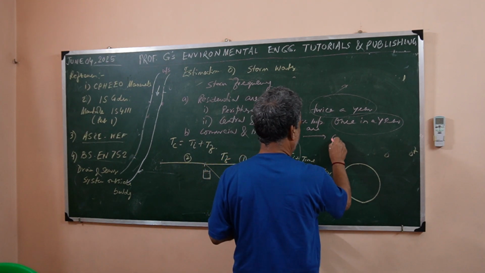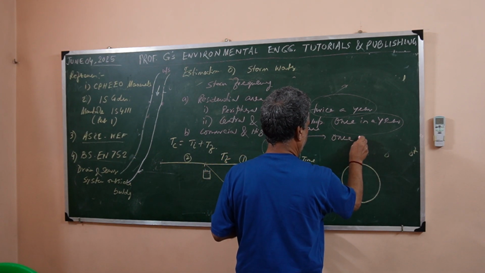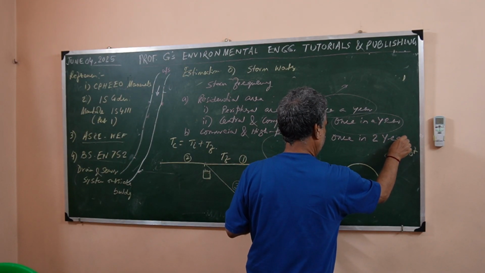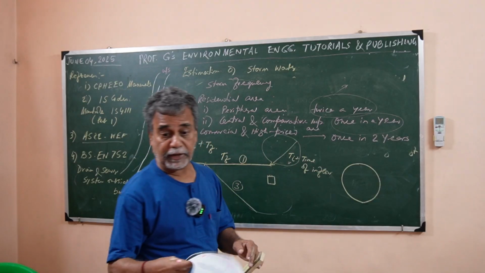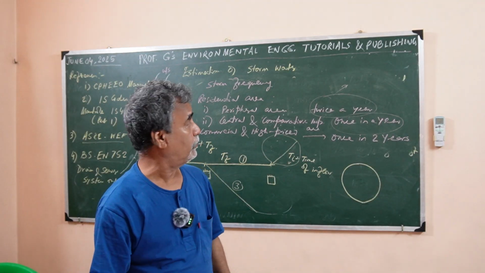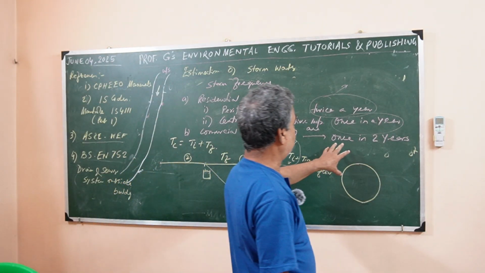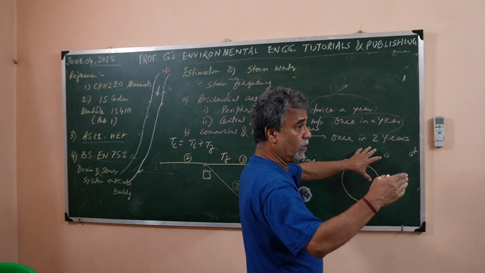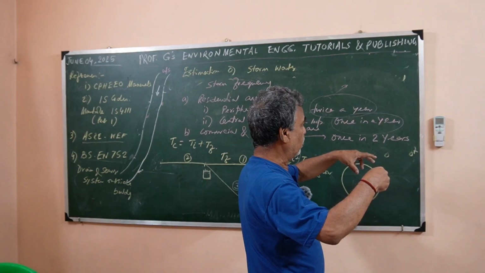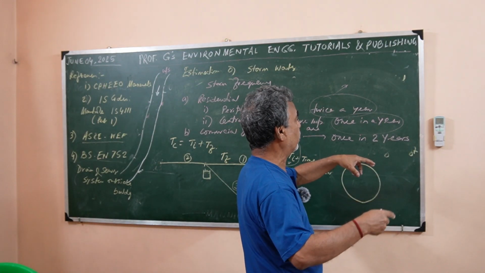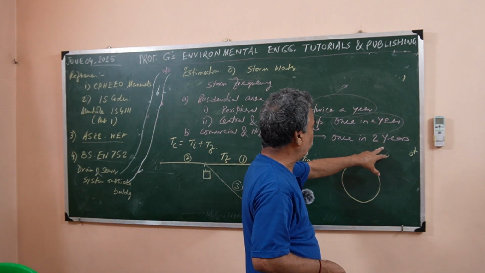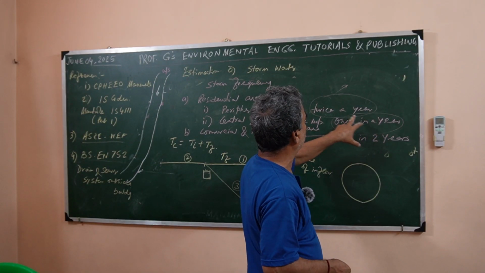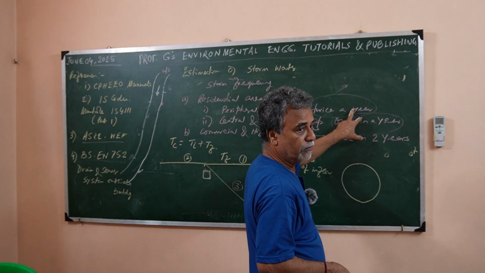This would be once in 2 years. This is very important, because a larger storm which has a probability to occur once in 2 years will be larger than once in a year, and further larger than twice a year.